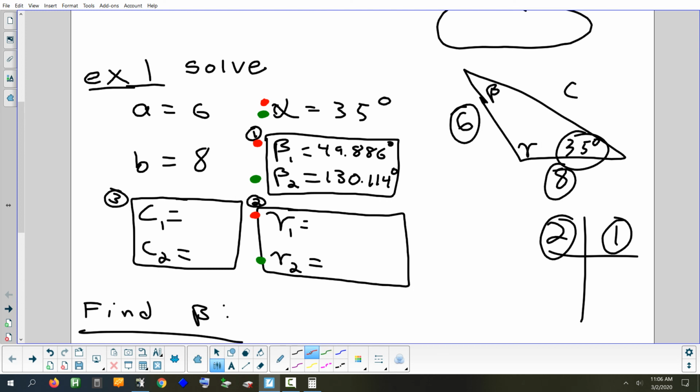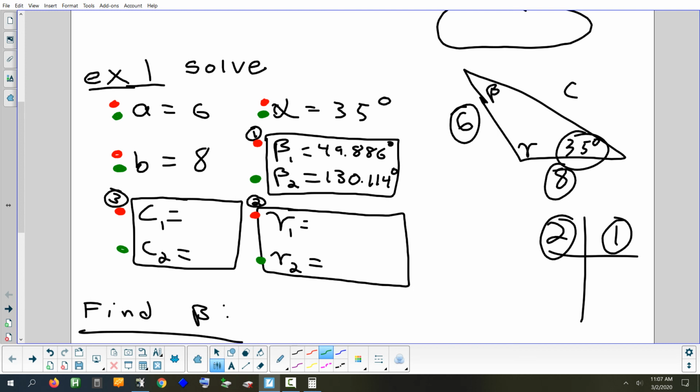Same with the sides. A is in the red problem. B is in the red problem. C1 is in the red problem. A is also in the green. B is in the green. C2 is in the green. So everything that was given is shared between the 2. Everything that you have to find is in separate triangles.